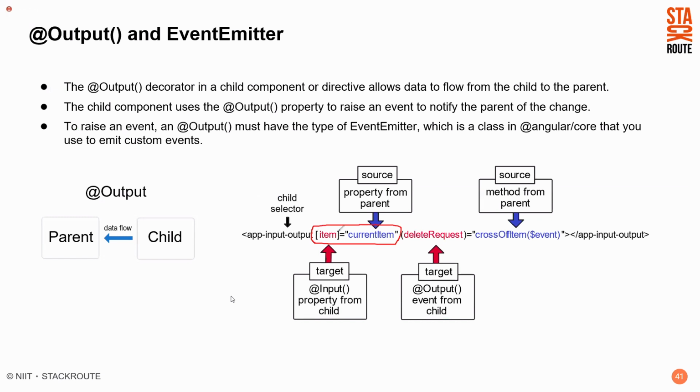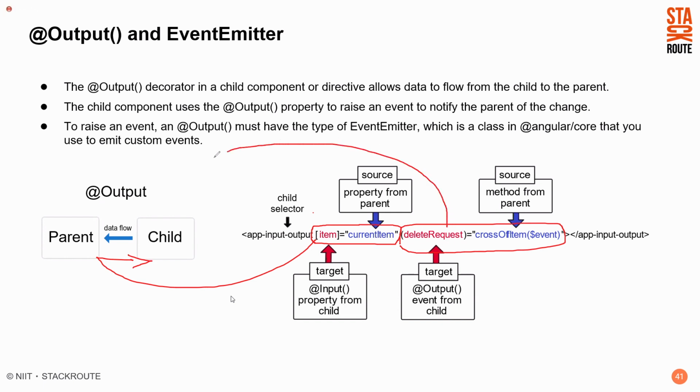Square bracket item, which is from parent to child. So this is property binding. I'm passing this item, whichever the current item, as a property from parent. So in child, I can use @Input and capture that property. Whereas here, from child to parent, it is event binding.